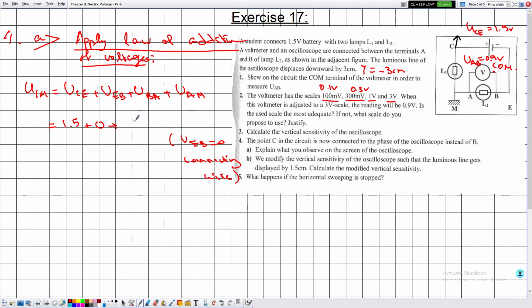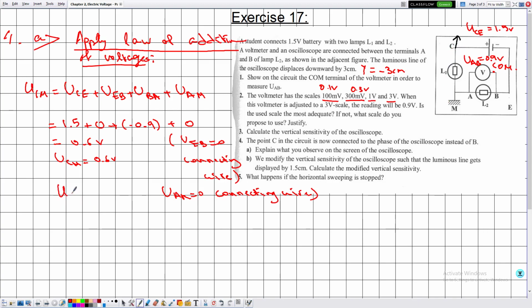Then UBA is equal to minus 0.9 because UAB is 0.9, and UAM is 0, and the reason is given by a connecting wire. So this is given by 0.6 volts. So UCM is equal to 0.6 volts, and we can say that the oscilloscope is measuring UCM because phase is at C and mass is at M.